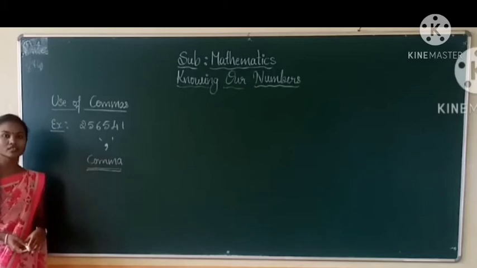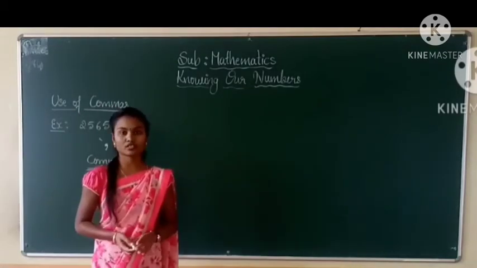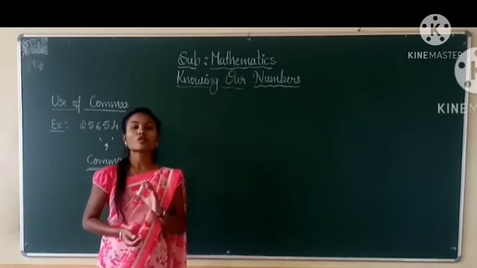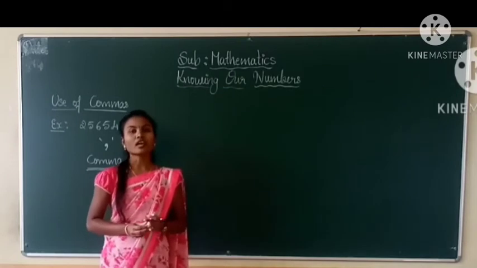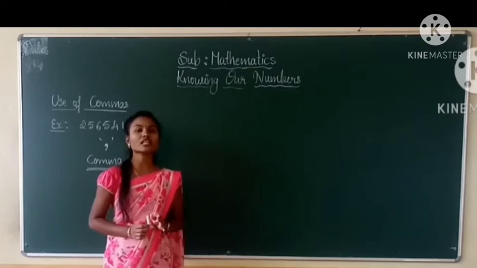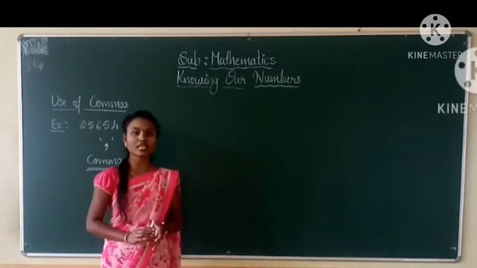Before going to that, we know that there are two systems of numeration. Those are the Indian system of numeration and the international system of numeration. You have already learned about these two in the previous classes.